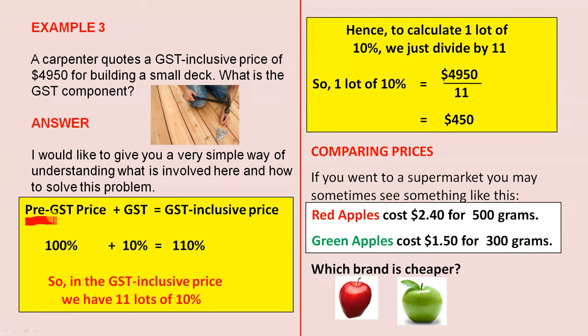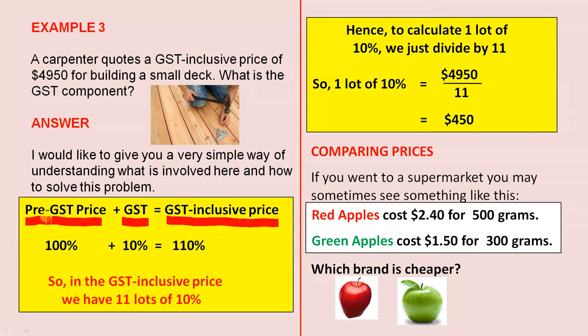The pre-GST price plus the GST gives you the GST inclusive price. Now that makes sense. For any job, the cost of the initial job, you must add the GST. That gives you the total price, which includes the GST.